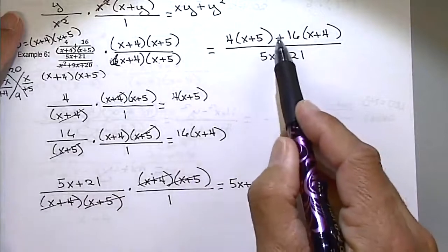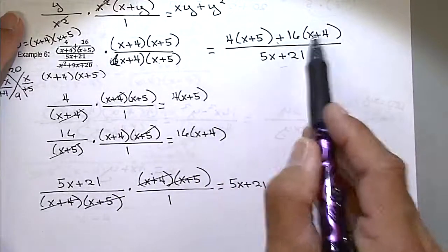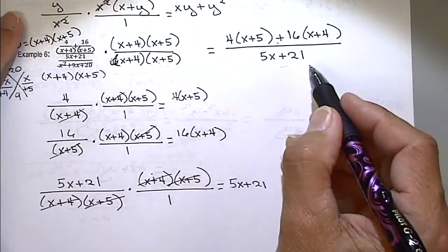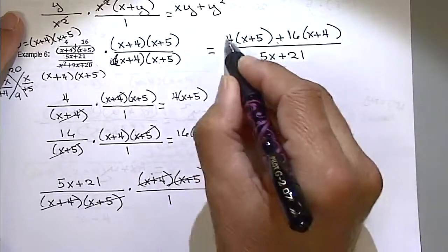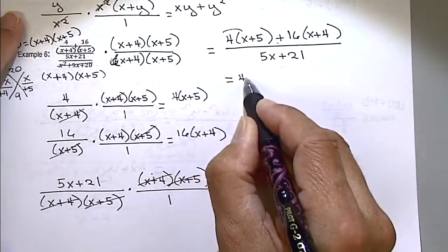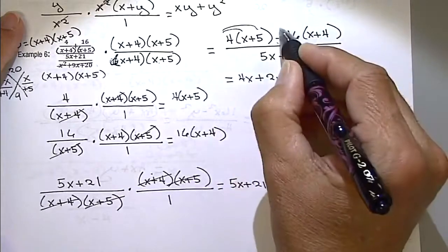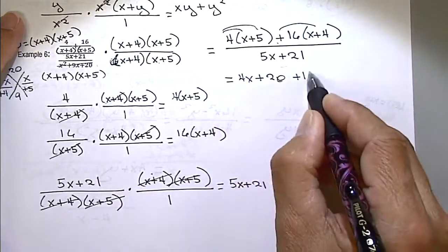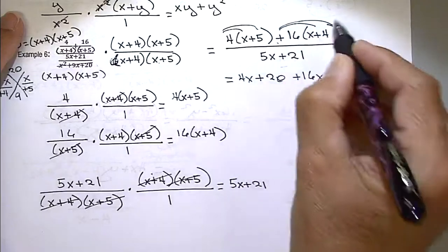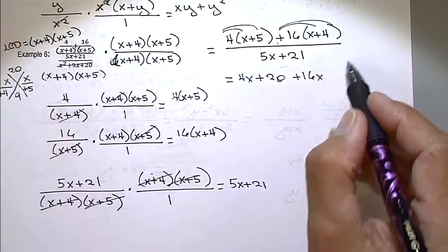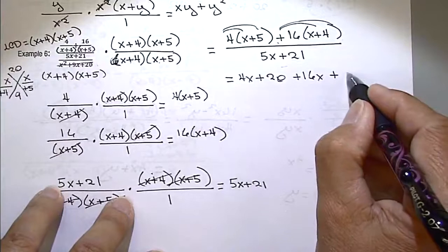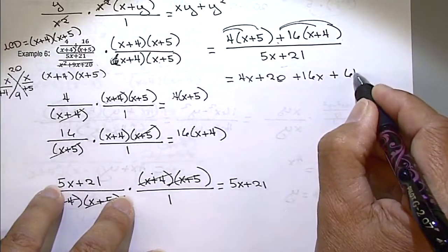Okay, so next, I can't simplify as it is. There's addition up here. I can't even start canceling because there's addition up here. So I'm going to go ahead and distribute multiplication. 4 times x is 4x. 4 times 5 is 20. 16 times x is 16x. And 16 times 4 is, what's 16 times 4? 64? 84?